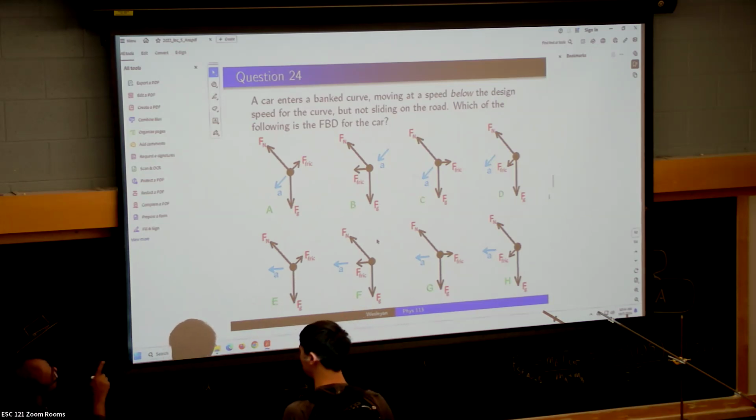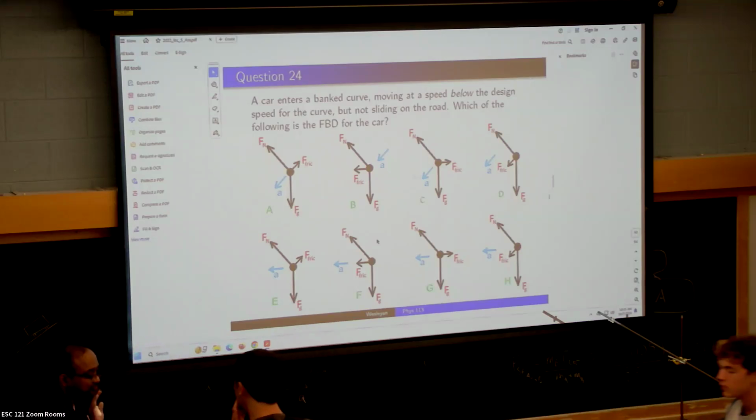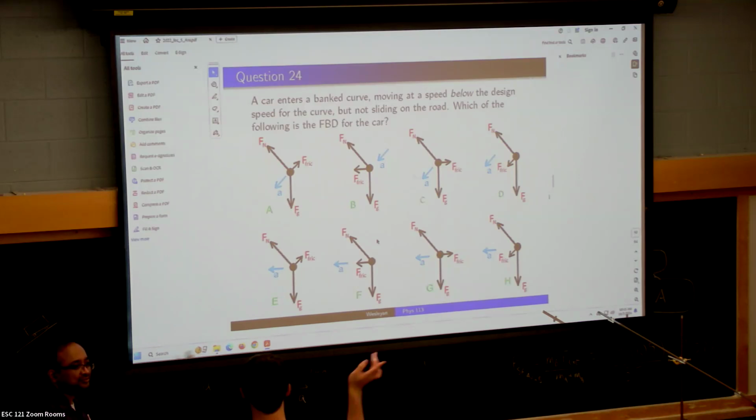But here we're saying it's going at a speed below the design speed. It's not sliding on the road, so that simply tells you it's static friction, not kinetic, and it's below the design speed. So friction is pointing up, but acceleration is to the center of the circle, so it's horizontal.